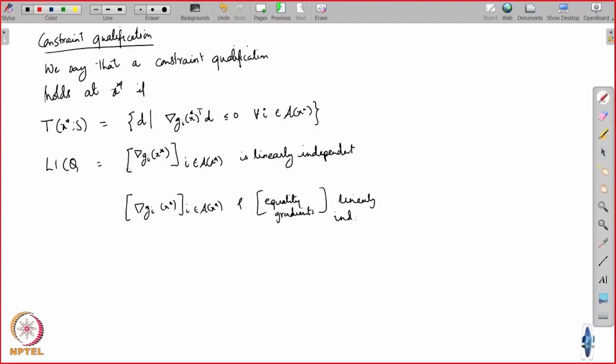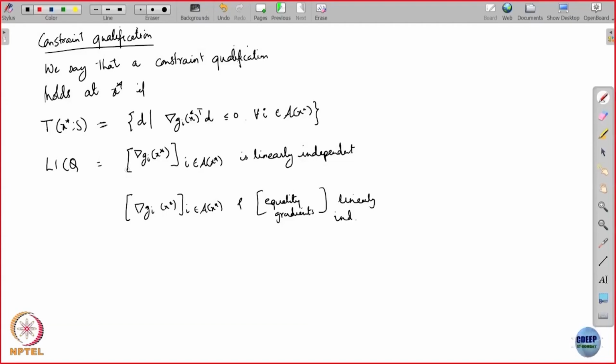This is just one out of several constraint qualifications that are out there. The eventual aim of all of them is to get equality here. They eventually ensure that the tangent cone is given by this formula. There are many ways by which this can be attained.